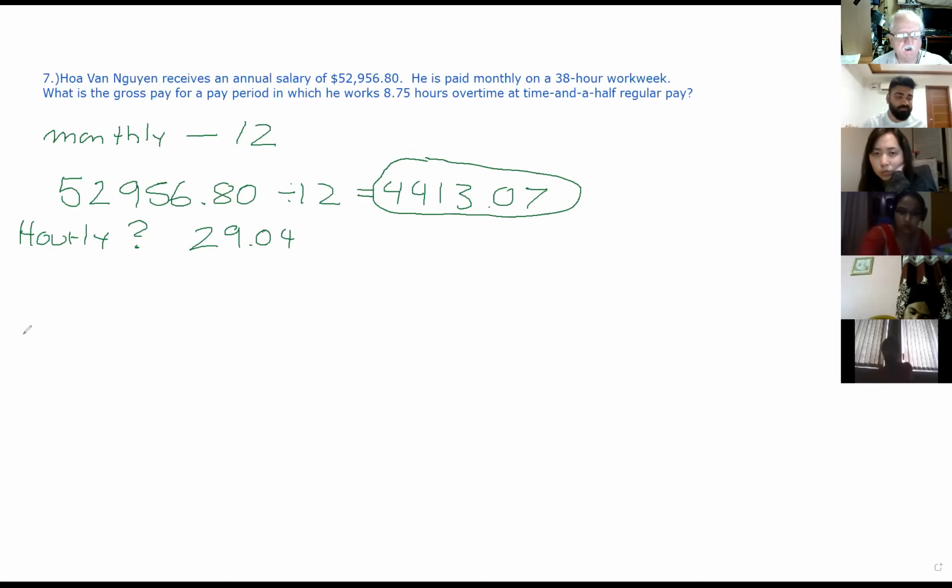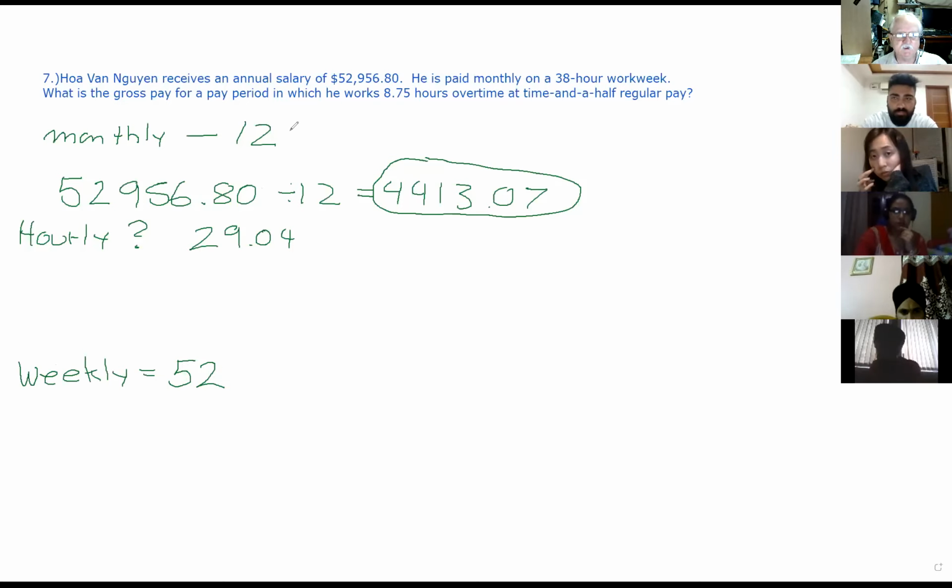Remember when we looked at weekly, if he's paid weekly, how many paychecks does that equal? Remember, this is 52 paychecks.